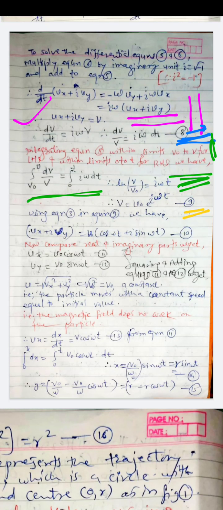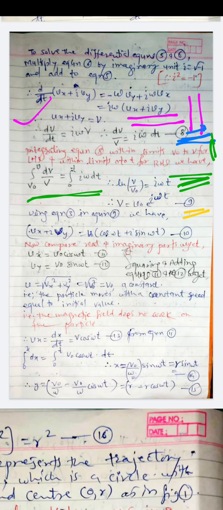Now, using equation 3 in equation 9 we have. In equation 3 we expressed the velocity v as vx plus i vy.